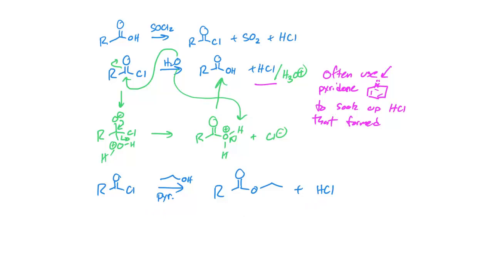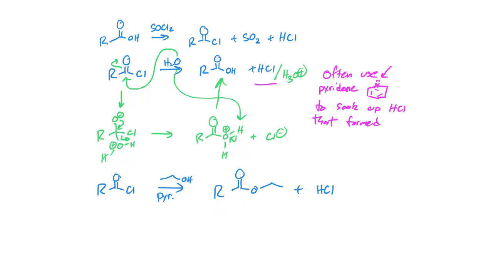And so this is a way to make esters. So we've found a way to take acid chlorides back to the carboxylic acid. Generally that's not very productive because, as we've shown at the beginning of this video, we start from acid chlorides to make carboxylic acid. We start from carboxylic acids to make acid chlorides. However, it is very productive to take an acid chloride to an ester using an alcohol.